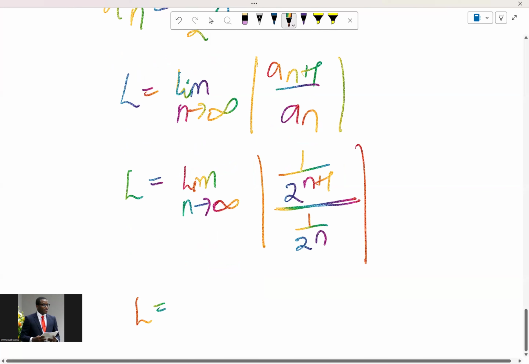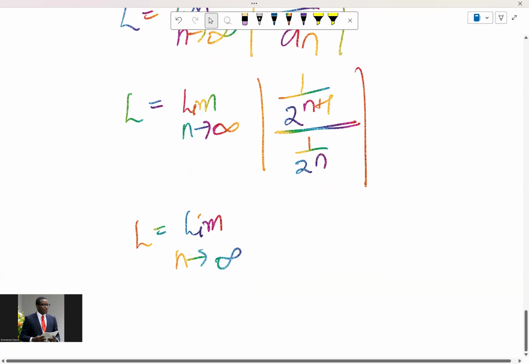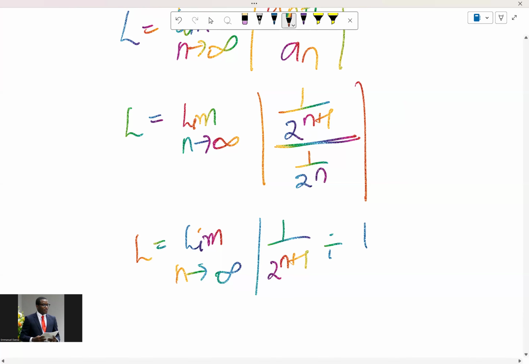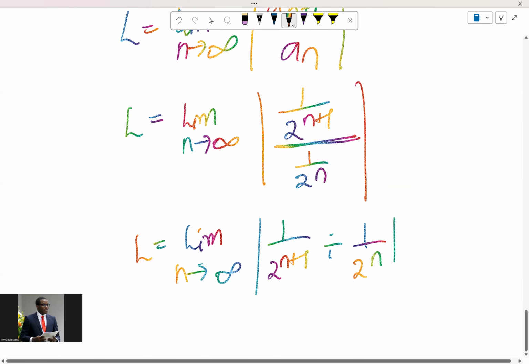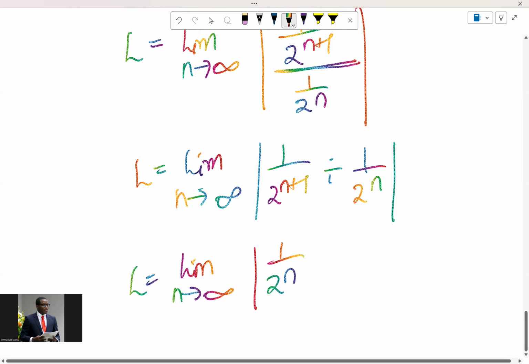So we have L equals the limit as n approaches infinity of 1 over 2 raised to power n plus 1 divided by 1 over 2 raised to power n. So L is equal to the limit of 1 over 2 raised to power n plus 1, times 2 raised to power n all over 1.